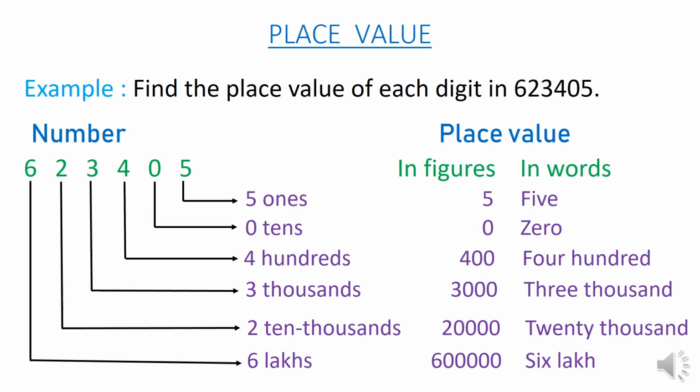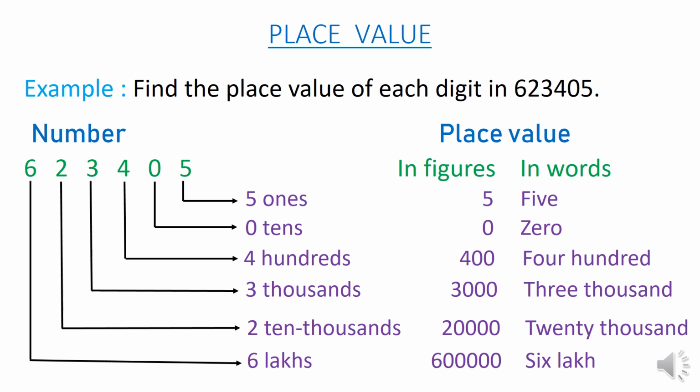We have already learned in previous classes that the place value of a digit depends on its position in the number. Here we shall extend the idea in respect of a number of 5 or 6 digits.